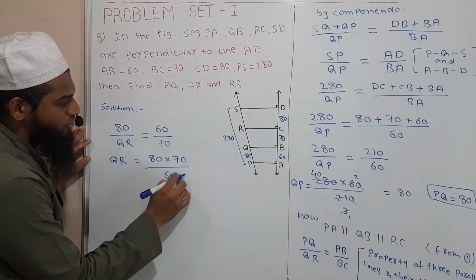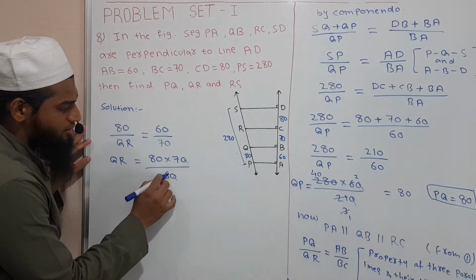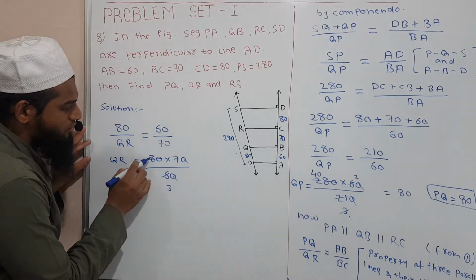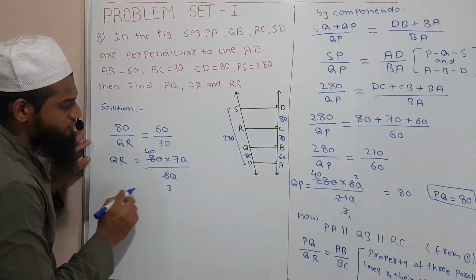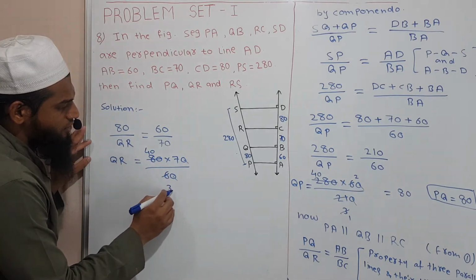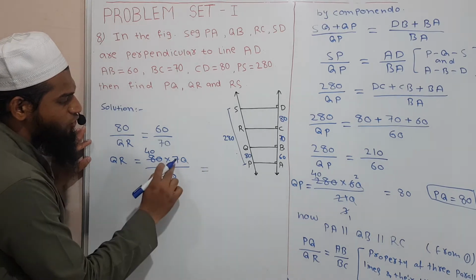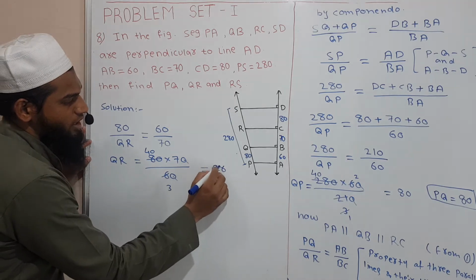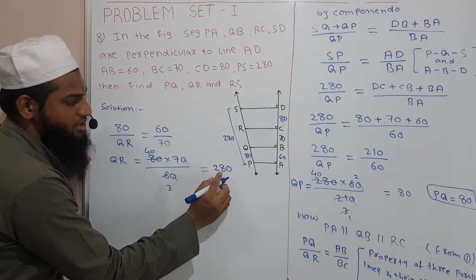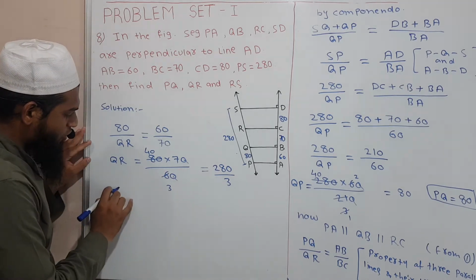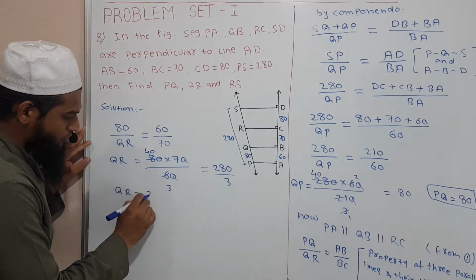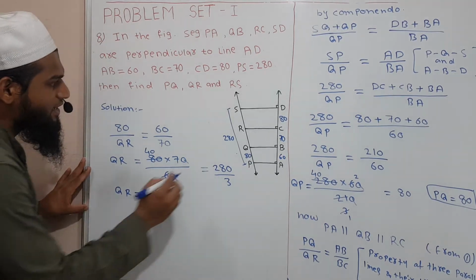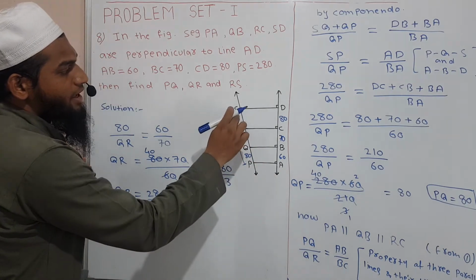The zeros get cancelled, 6 2s are 12... 6 3s are 18... so multiplying 7 with 40, 7 4s are 280, zero as it is, upon 3. The value of QR is equal to 280 upon 3.